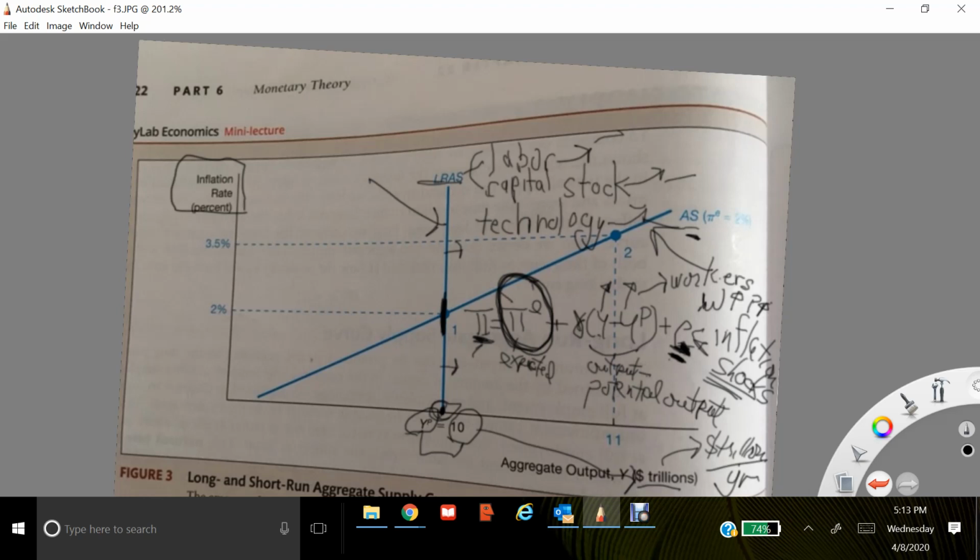The big factor here is expectations of inflation. And again, going back to the 70s, people would, take the example of labor unions.